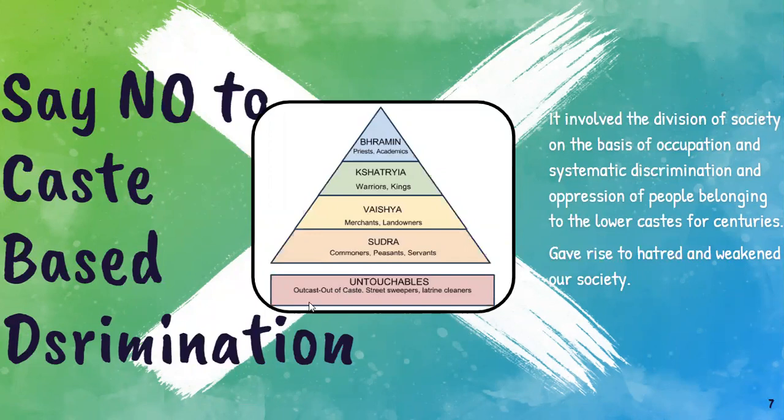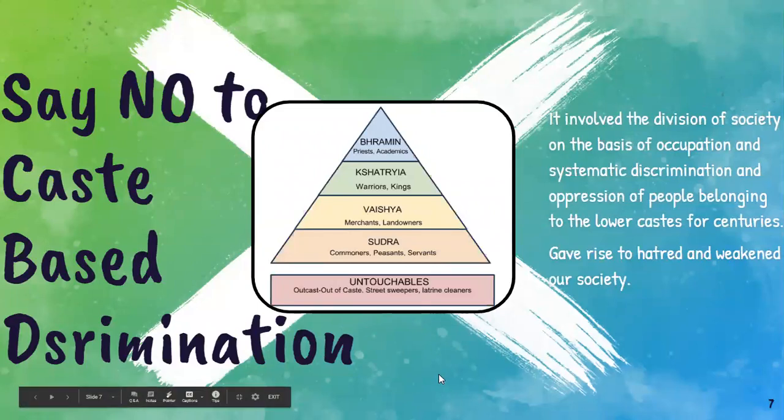Can you imagine how the person being discriminated against would feel? You're not allowed to go to the same temple, you're not allowed to go to the same school, just because you're born in a particular caste. This is something that society had to say no to.